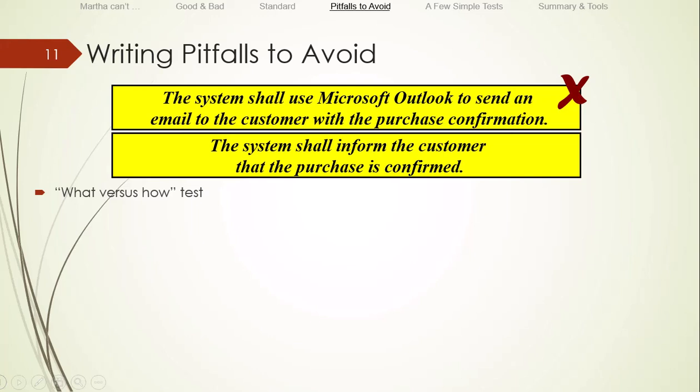Maybe for a listener the two sentences have equal meaning, but the specification document should avoid such sentences, because the purpose of the system is to inform the customer that the purchase is confirmed. We cannot use a term such as shall use Microsoft Outlook to send an email. So try to avoid such unnecessary terms.